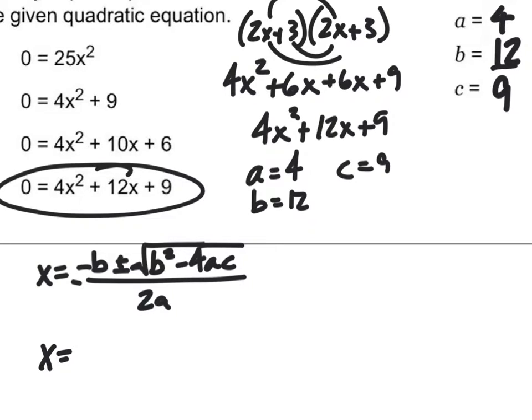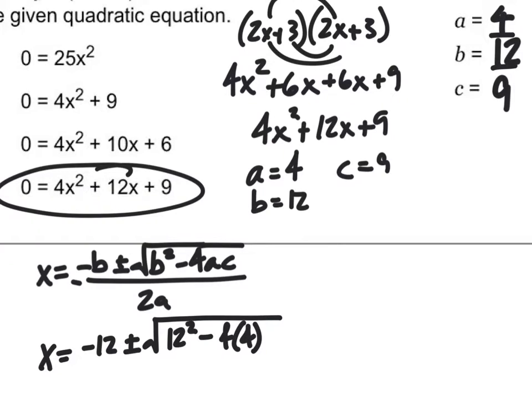So b is 12, so negative 12 plus or minus the square root of b squared. So that's going to be 12 squared minus 4 times the value of a, which is 4, and then times c, which is 9, and then all over 2 times a, which is 4.